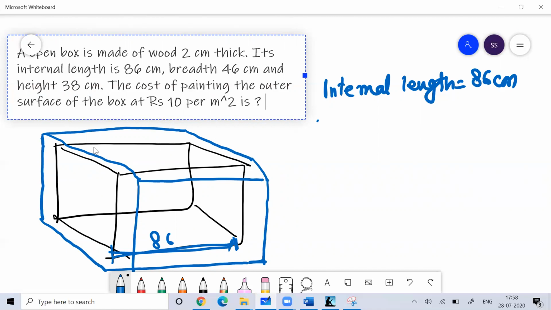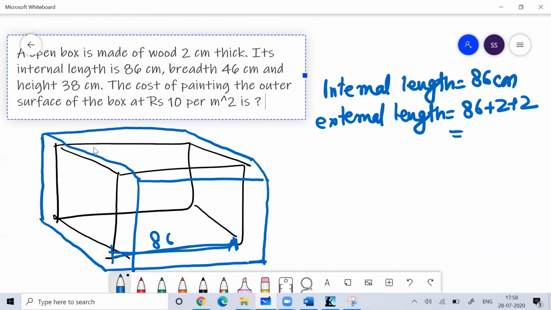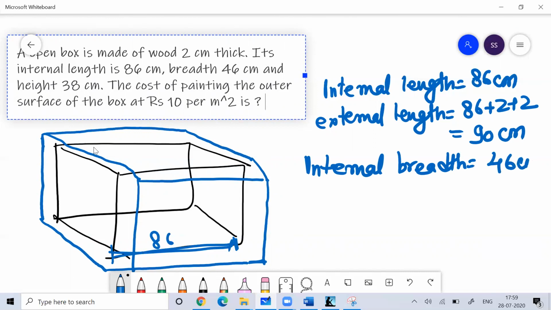Basically your external length would be 86, and then 2 centimeter thick on both sides, so the external length would be 90 centimeter. Similarly, if I ask you about the internal breadth, that is 46 centimeter.